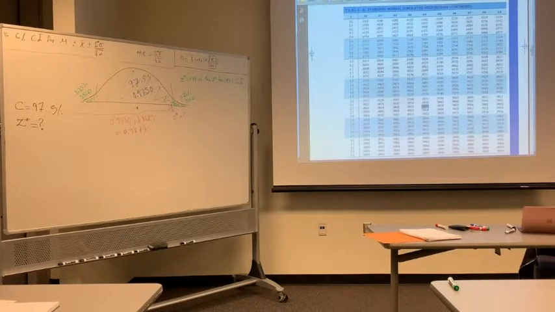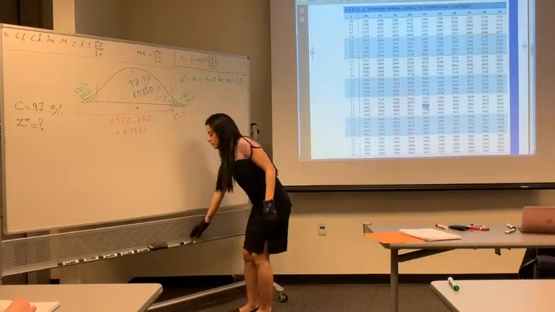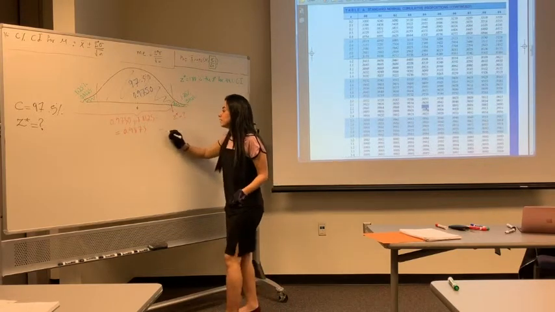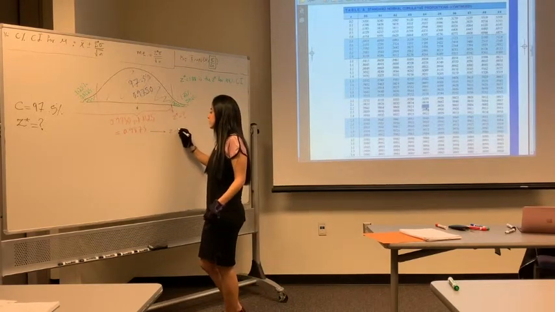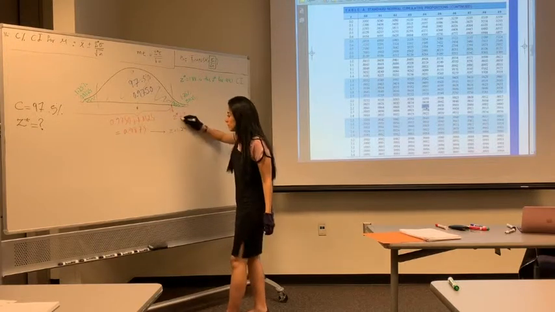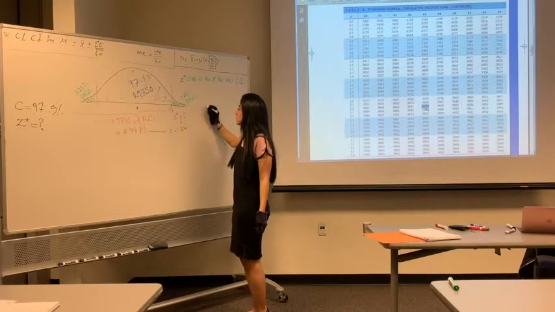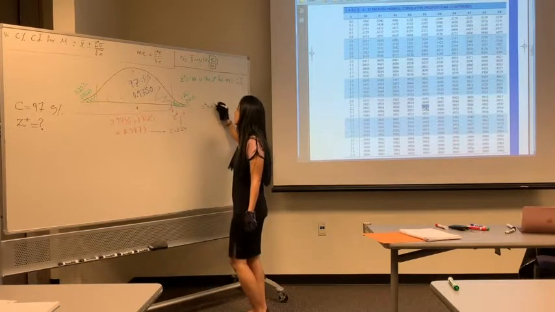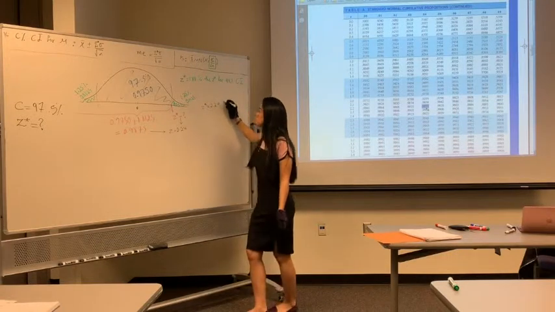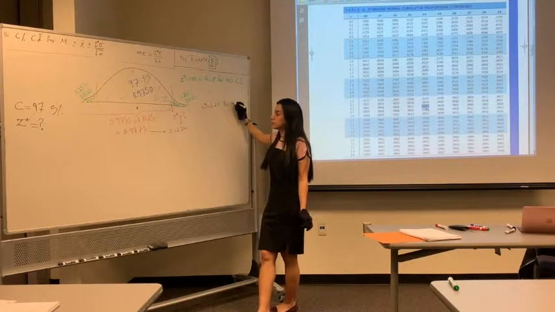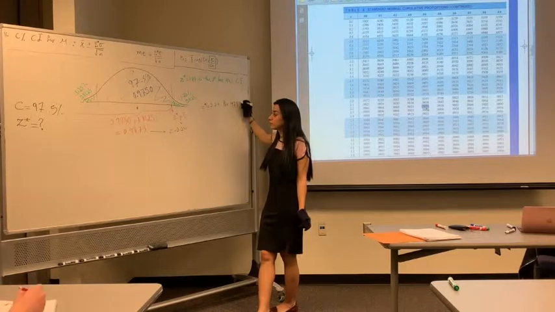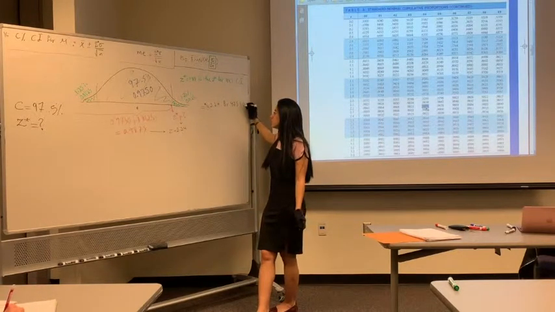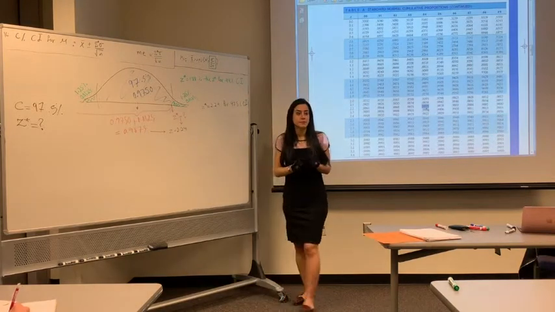Oh, we have the exact same one, 2.24. So Z is equal to 2.24, which is the Z star. Z star is 2.24 for 97.5% exact confidence. Okay?